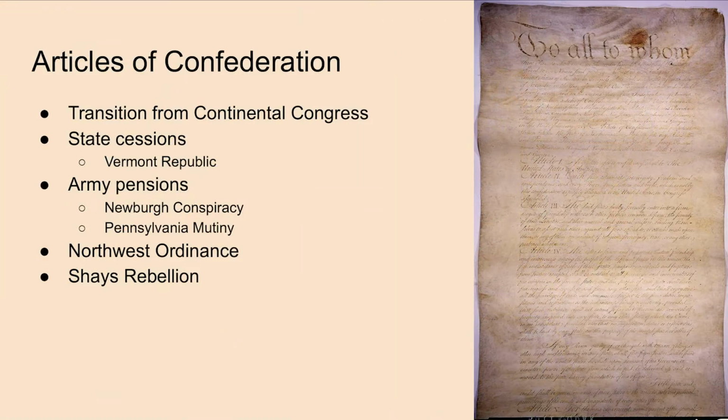So, first we have to get to the Articles of Confederation. Now, these were actually created in November of 1777, but throughout the Revolutionary War, they were not actually in force because the Continental Congress remained the War Congress during the war. But in 1781, the war was wrapping up.